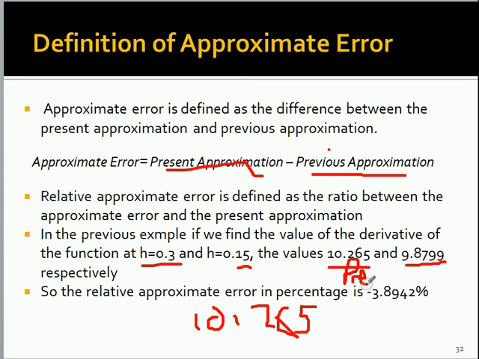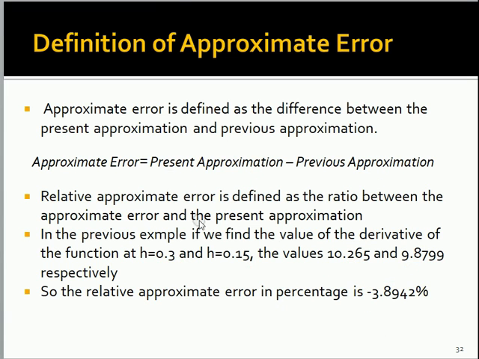So you write present minus previous, and you get minus 3.8942%. So see, it's easy.